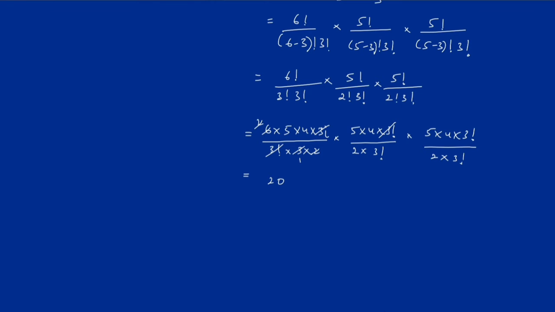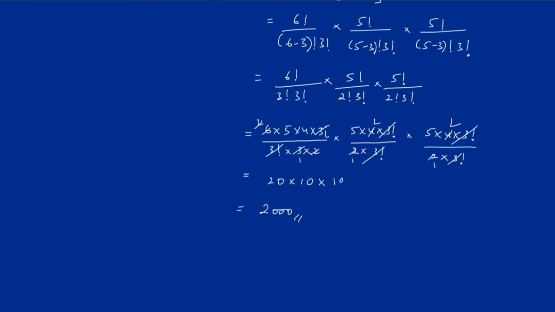Into here, 3 factorial gets cancelled, 2 ones are 2, 2 twos are 2, 5 twos are 10, right? Again 3 factorial cancelled, 2 ones are 2, 2 twos are 2, 5 twos are 10, right? So totally what we get here: 20 into 10 into 10. 10 tens are 100, 100 twos are 200, 20 into 10 is 200, 200 tens are 2000.